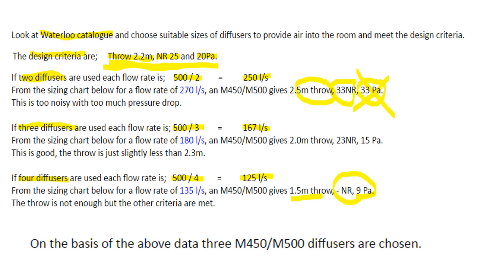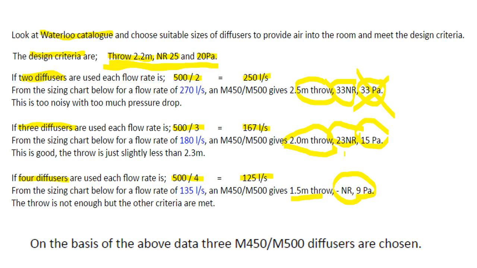And if we choose 3 diffusers, then we will have a 2 meter throw, 23 noise control level, and 15 Pascal pressure drop.